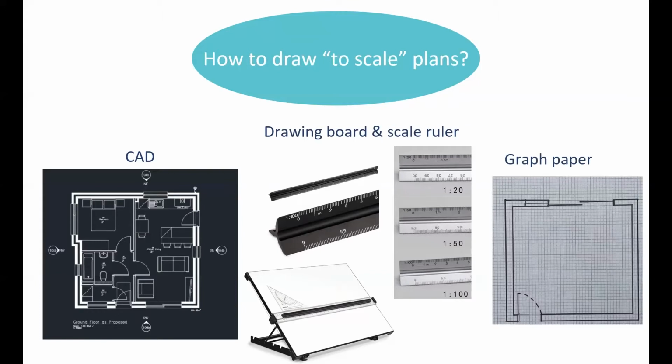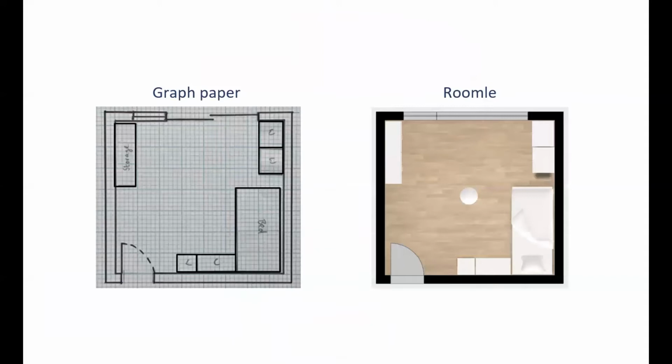And then graph paper is another way, and people still use graph paper to draw floor plans now. So in this video, I'm going to show you how to draw a to-scale floor plan using graph paper, and also using a computer-aided design program called Roomall.